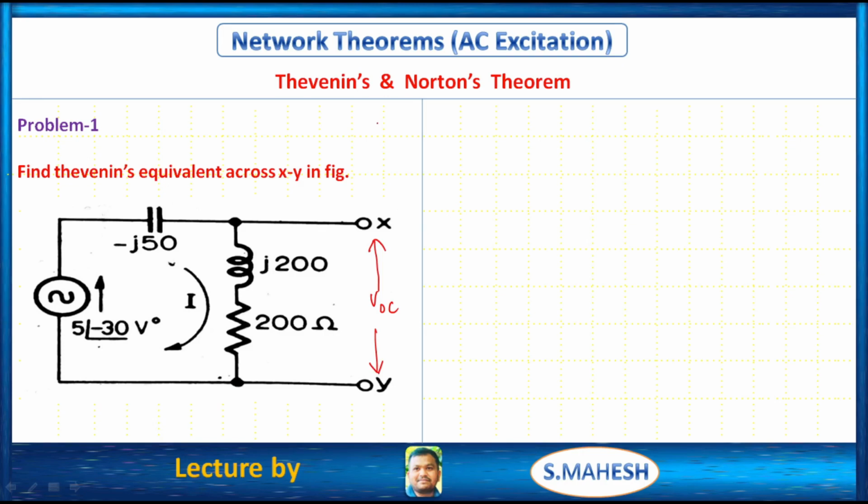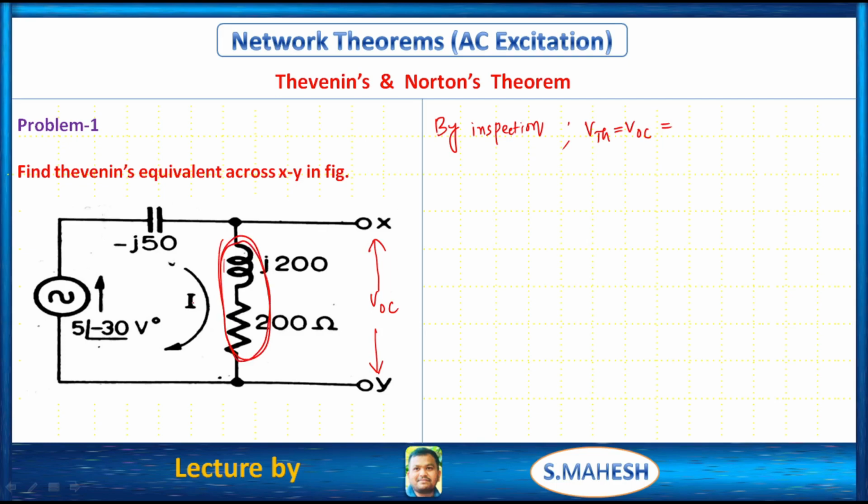By inspection, VTH, which is equal to VOC, is what? Here the current through this branch is provided. This is the impedance value, and this is the current.